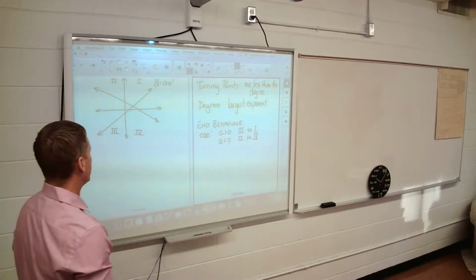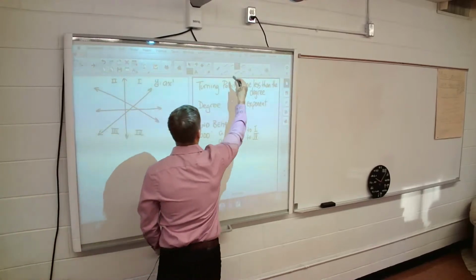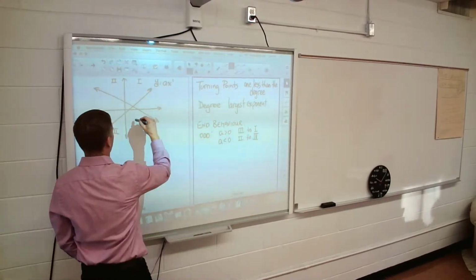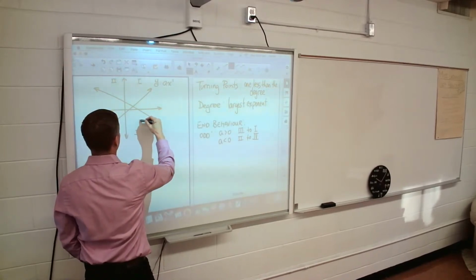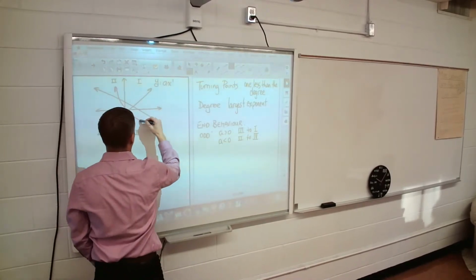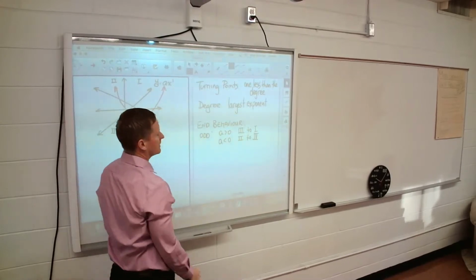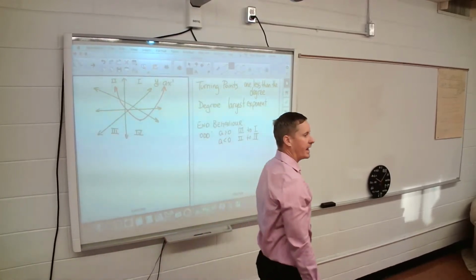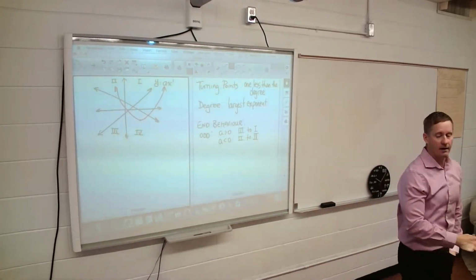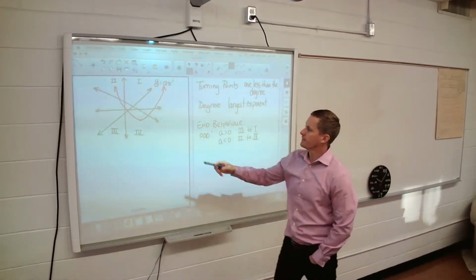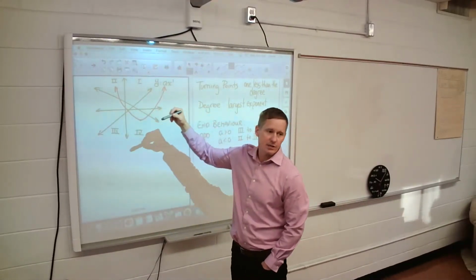Now let's look at a parabola. I'm going to start right here. There's a basic parabola where the a value is greater than 0. First of all, what is the equation of a parabola?